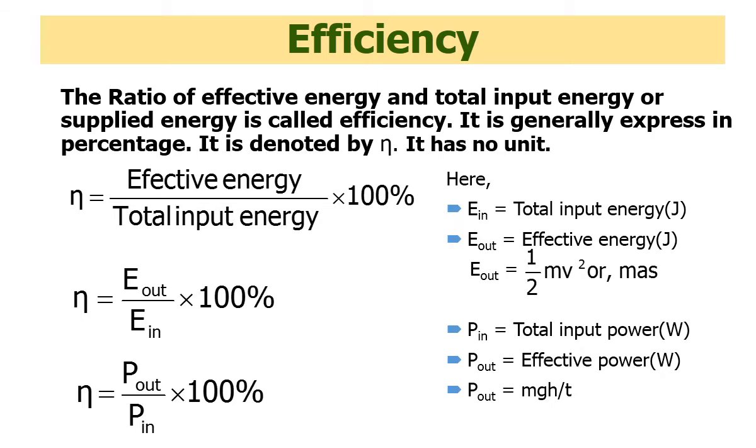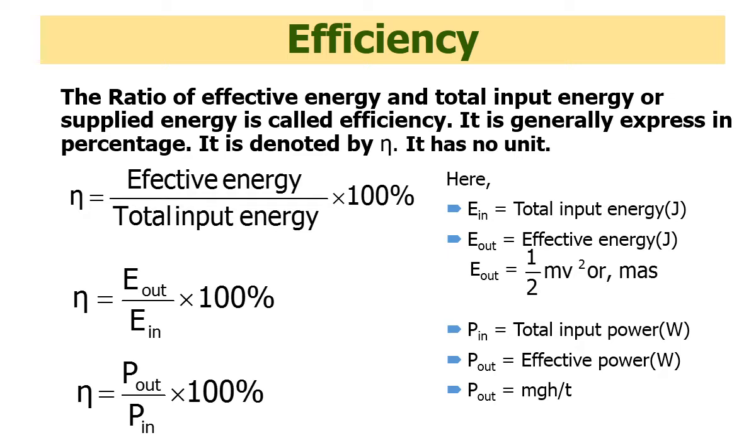Here the significance of the quantities: E in means total input energy, the energy given to the engine. E out is effective energy or output energy.